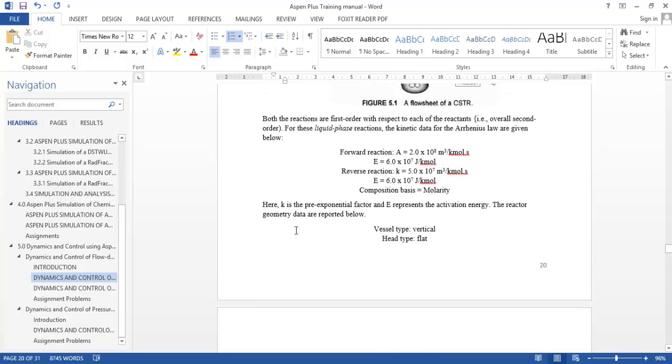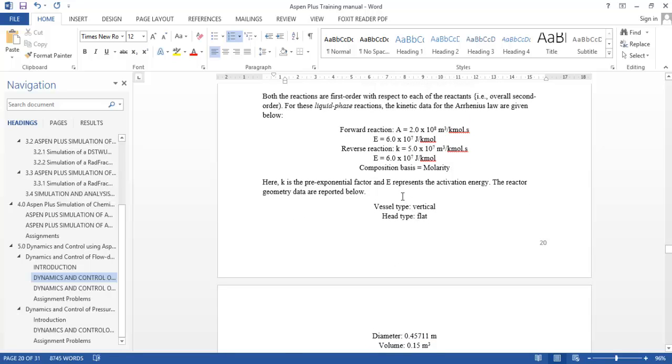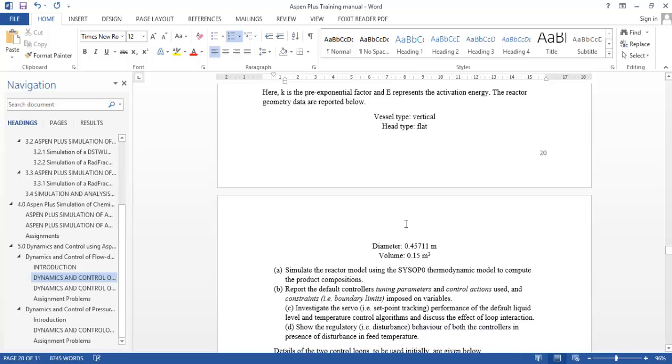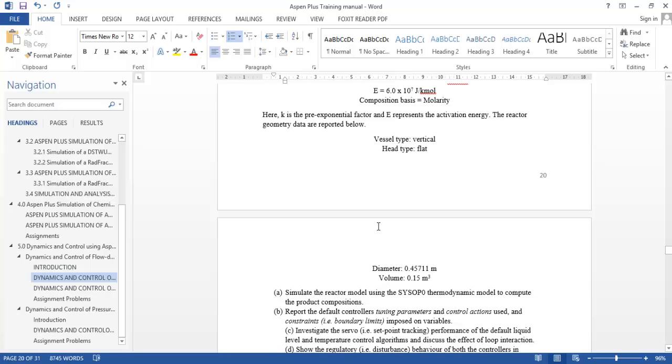And this is the parameter for the dynamics. Before we get started, I would like to introduce some variables.